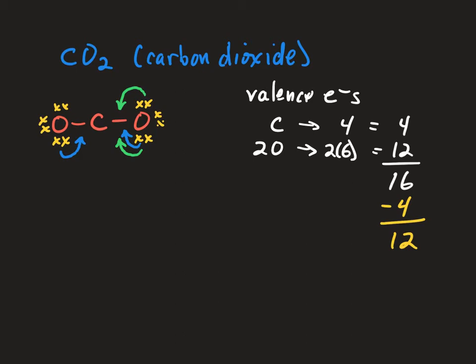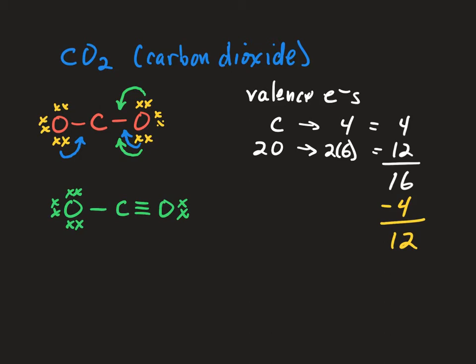Because each choice would give the central carbon an octet. And again, it's going to come down to formal charge. So let's draw each of these. If we go with the choice from the green arrow, we're going to get something like this. This oxygen we didn't disturb. The central carbon now would have a triple bond to this oxygen, and that oxygen would have an unshared pair.